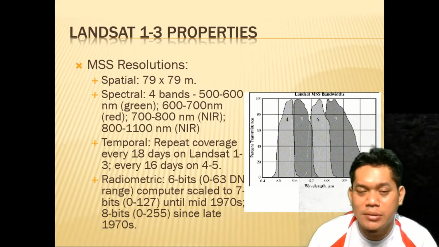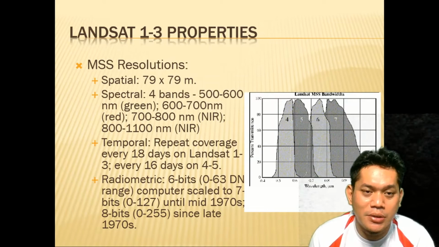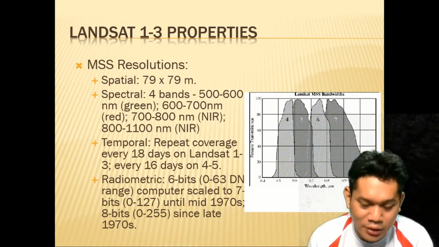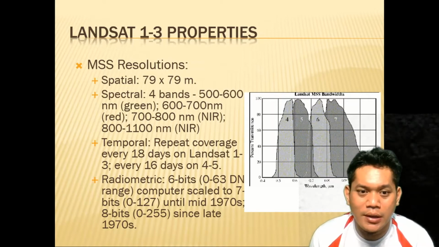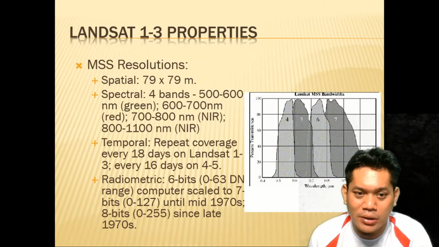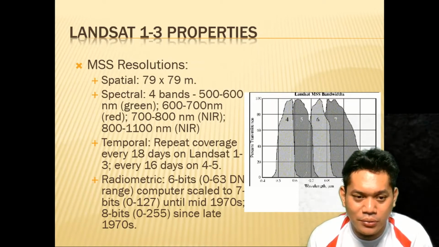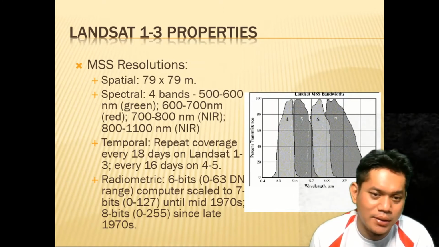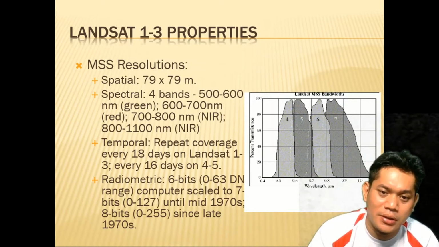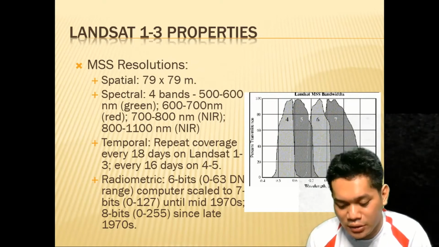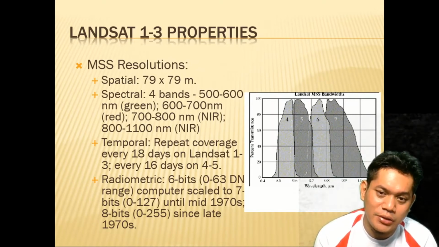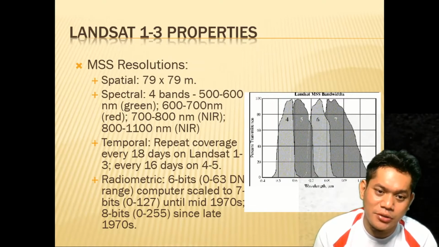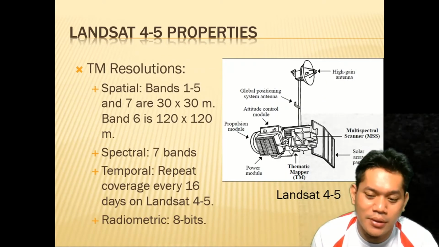The spatial resolution means one pixel represents 79 meters on the ground, and they have 4 bands. The temporal is about twice a month, and the geometric is the scale of the sensitivity of the sensor to record reflections, from 6 bits to 8 bits.